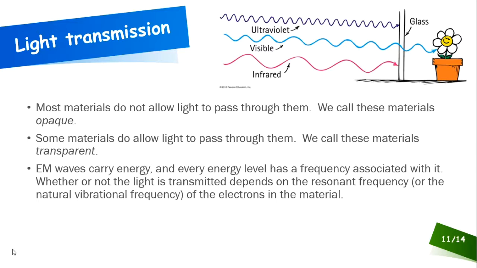All EM waves are carrying energy, and each energy level has a frequency associated with it. So what determines whether or not the light waves can pass through the material? Well, it depends on the resonant frequency of the electrons in the material.